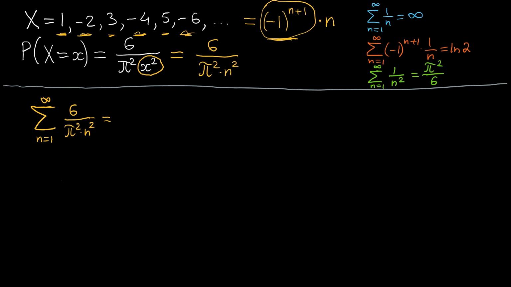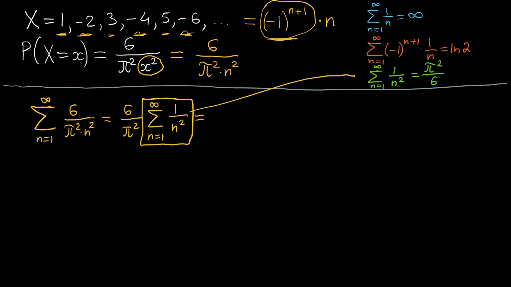We can pull 6 and pi squared in front of the summation sign, and then what we have left is the sum of 1 over n squared. And we are in luck because we know what this sum is. And so let's bring in that value, and you see that we have 6 over pi squared times pi squared over 6, and we get 1. So it's a legitimate PMF. Okay, now let's take a look at the expected value.